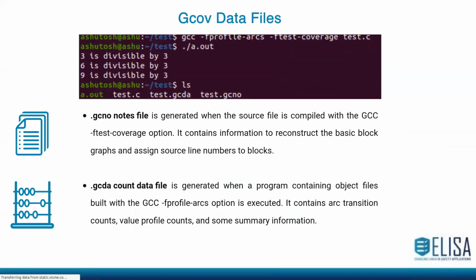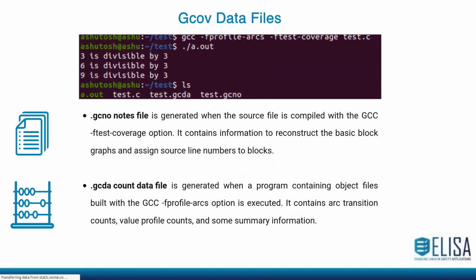Then let's jump right in. So we see that when we run an ls command, two extra files are generated when we use coverage. One is the gcda file and one is the gcno file. When you give the -ftest-coverage option, you get a gcno file.